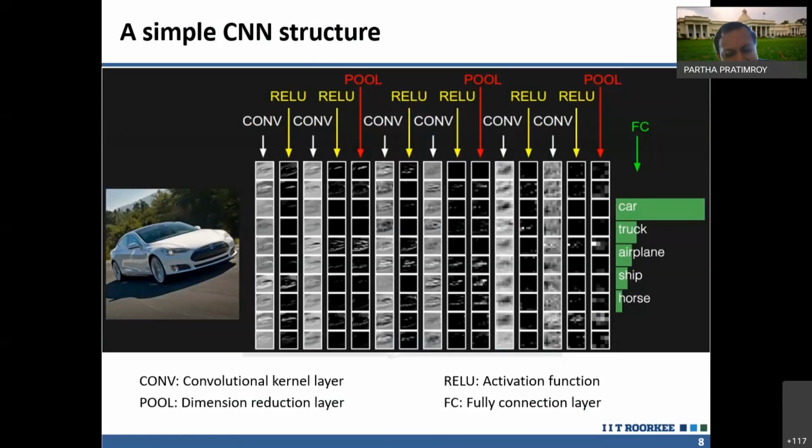Several architectures are there and all are available. You just need to apply the architecture, and they have standard forms: how many convolutions, how many max pooling layers, ReLU, what the activation functions are. If you proceed with those architectures, you will get the results. This is done with an image form.